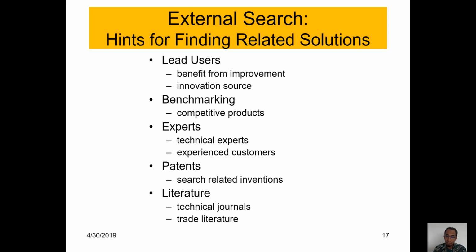And from benchmarking, we can take a look at the competitive products. From the experts, we can have insight about technical expertise and experienced customers as well. From the patents, we can search related inventions. And from the literature, we can take a look at technical journals and also literature. So those are external sources for searching.